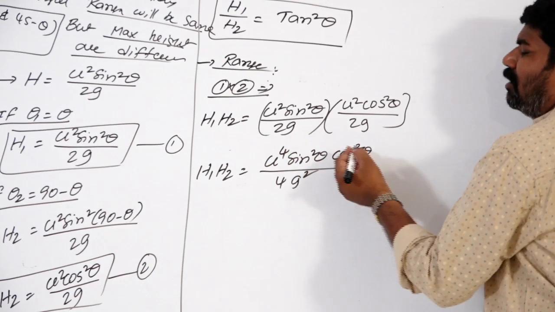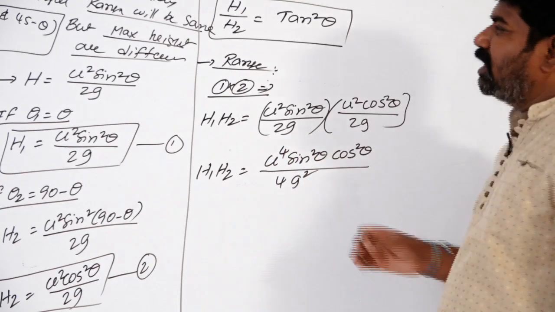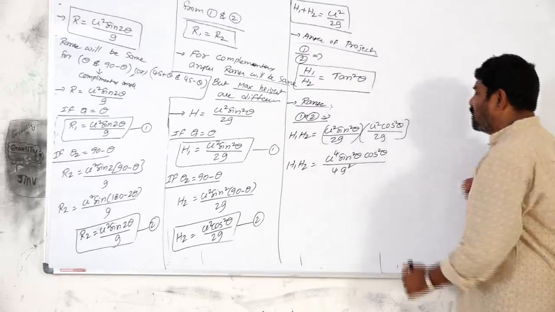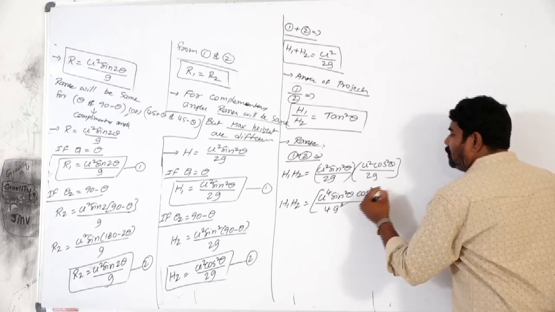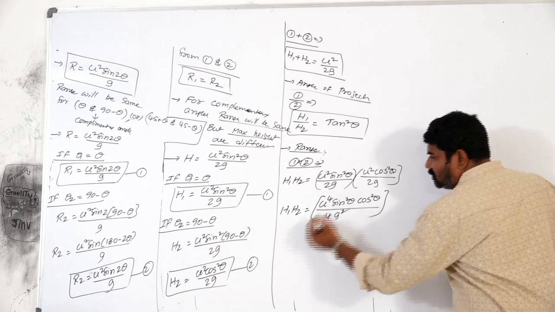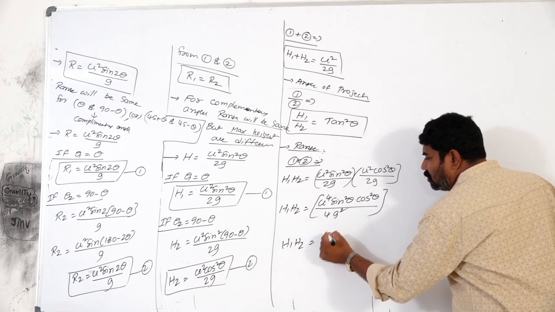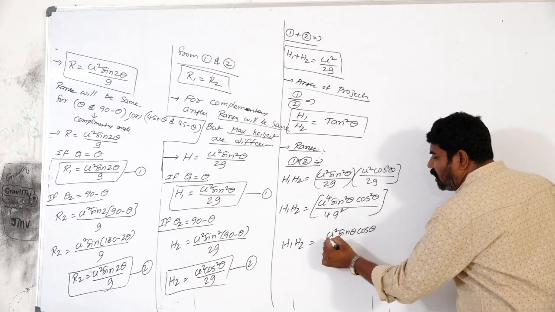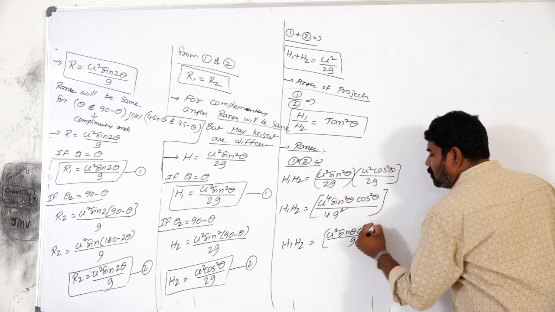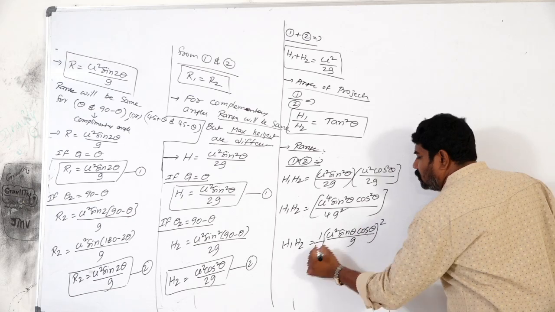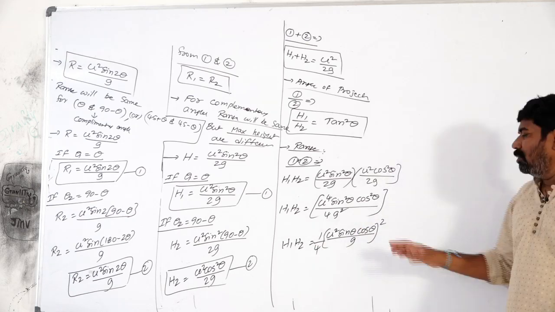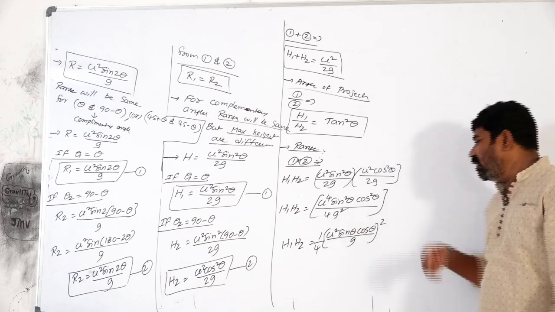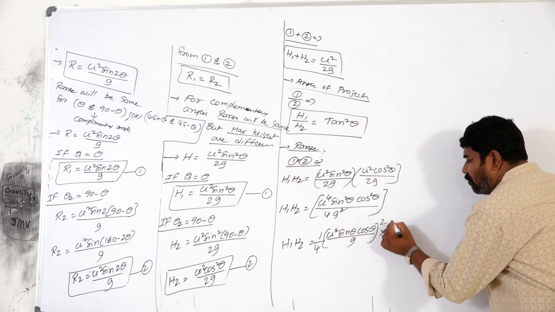What is the range formula? u square sin 2 theta by g. Sin 2 theta is nothing but 2 sin theta cos theta. Here, H1 into H2 is equal to (u square sin theta cos theta by g) whole square into 1 by 4. But the range formula is u square 2 sin theta cos theta by g, so it is multiplied and divided by 4.